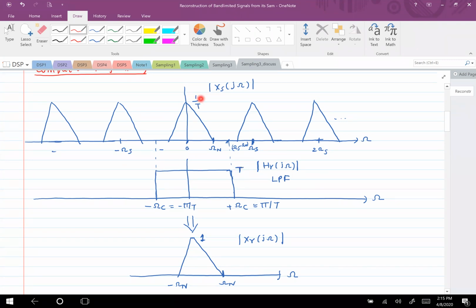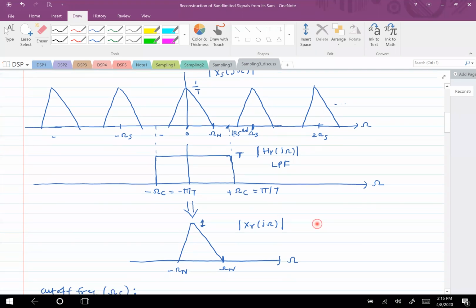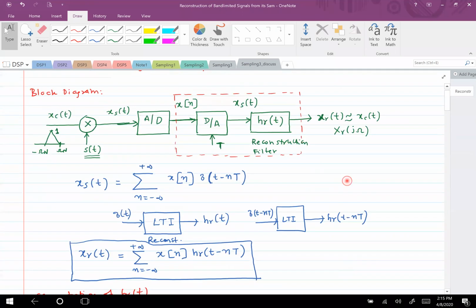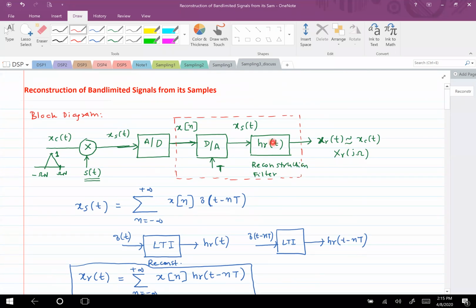That will take care of compensating for 1 by t: 1 by t into t would give you 1, and whatever is there would come here. It is as simple as that. So essentially, if you look here, the first graph is showing you what you have here, Xs of j omega, and what your objective to be achieved is given by this one.